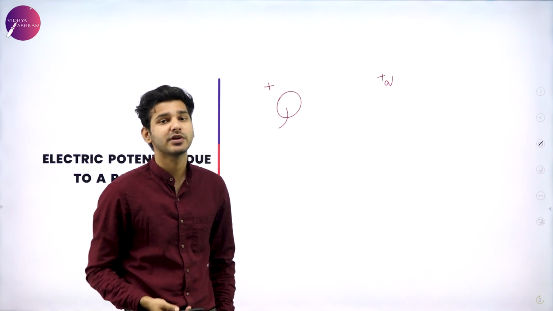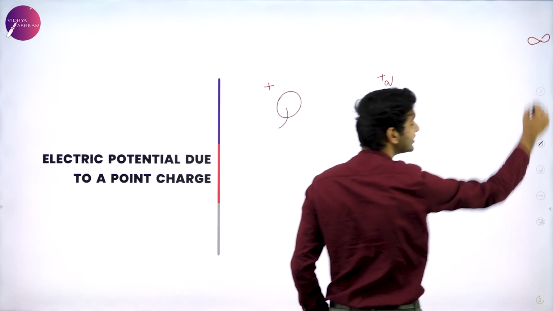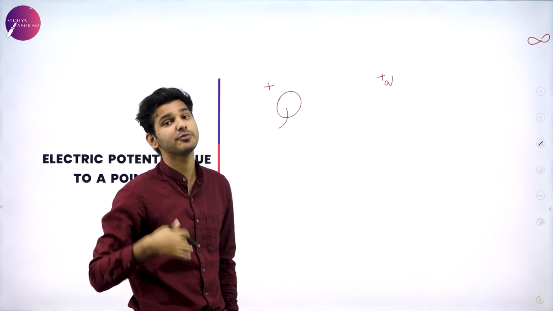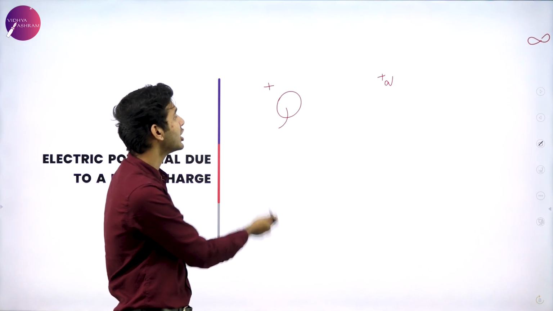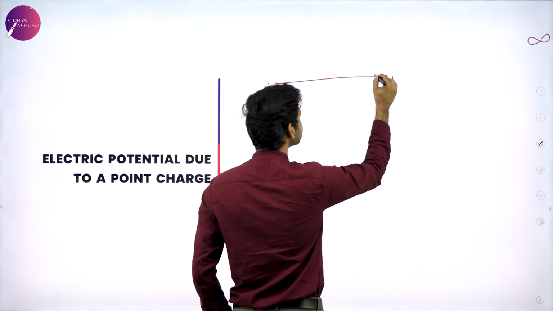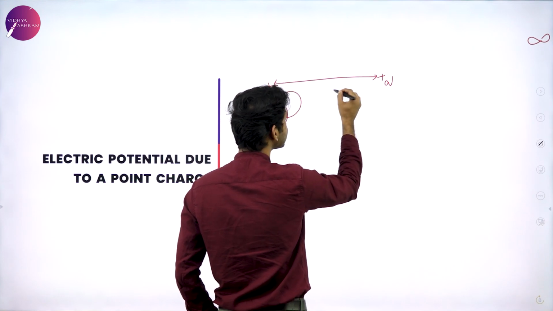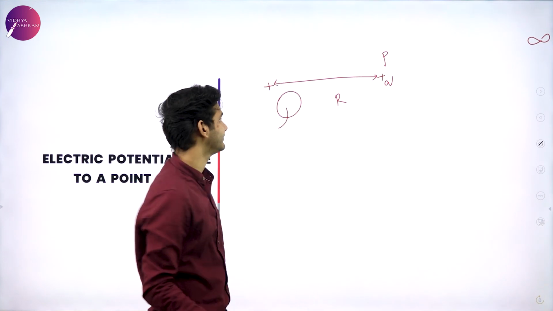So imagine that I'm bringing this charge from infinity, a really far away point which is an infinite distance away, walking closer and closer to this particular charge Q. Let's say this distance is R and I have this test charge at the point P.